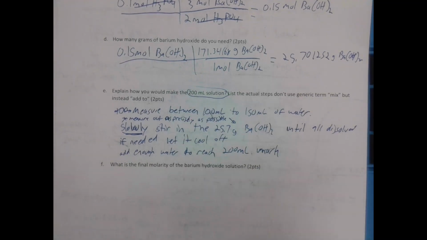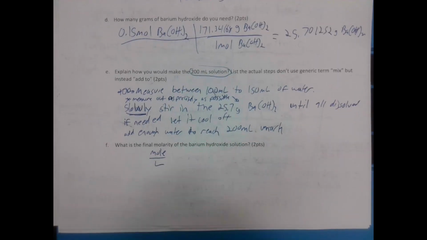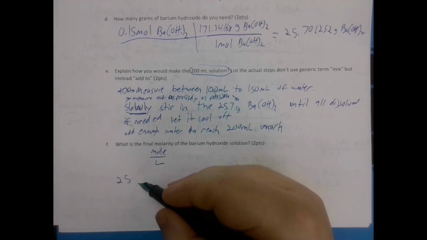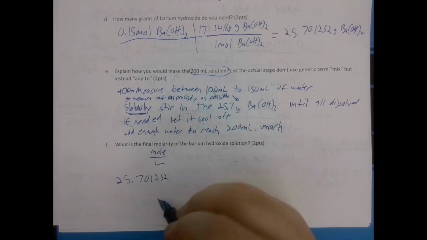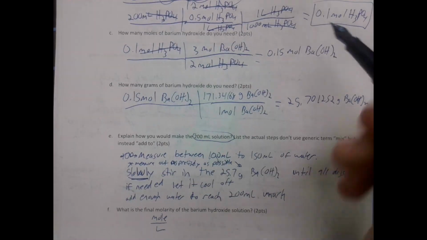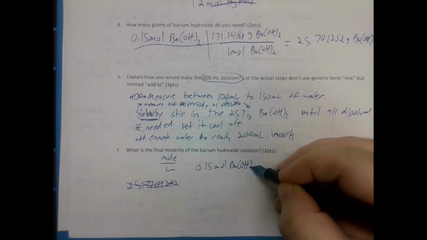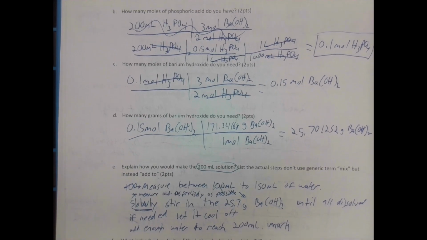And what is the final molarity? Molarity is moles per liter. So how many moles of barium hydroxide do we have? We have 25.71252 grams, so don't use that. We use moles. So we have 0.15 mole of barium hydroxide. And that's per how many liters or volume do we have?